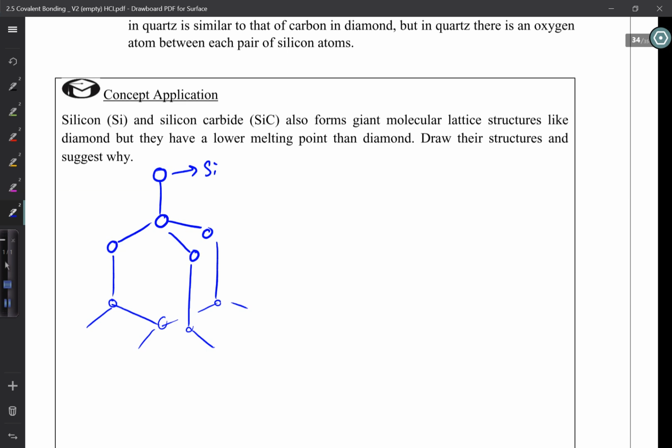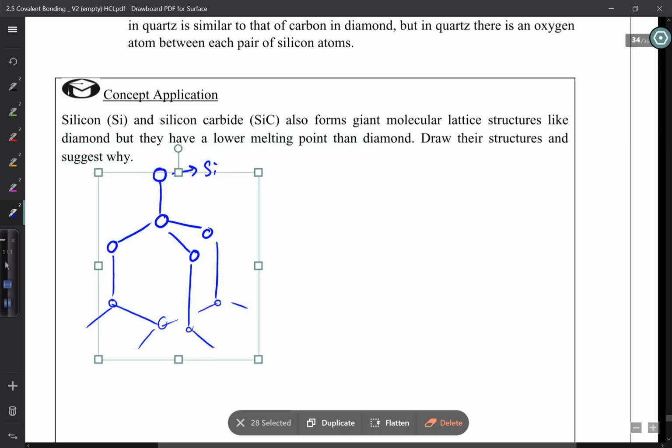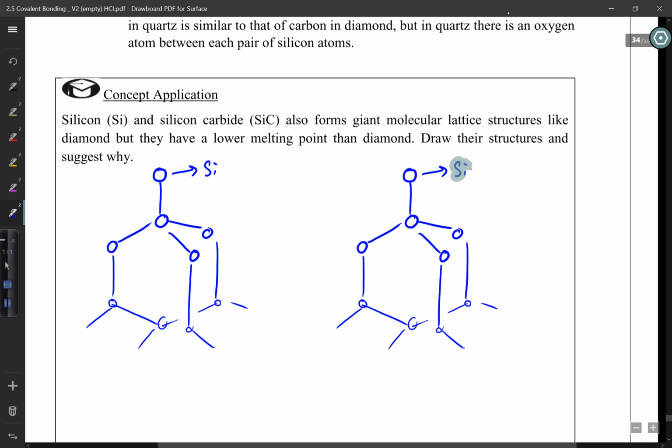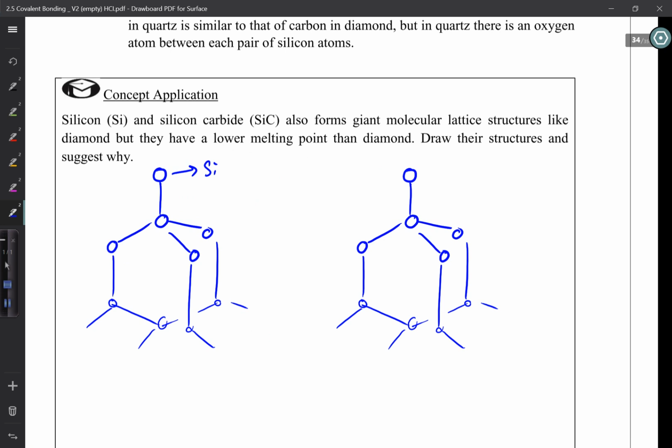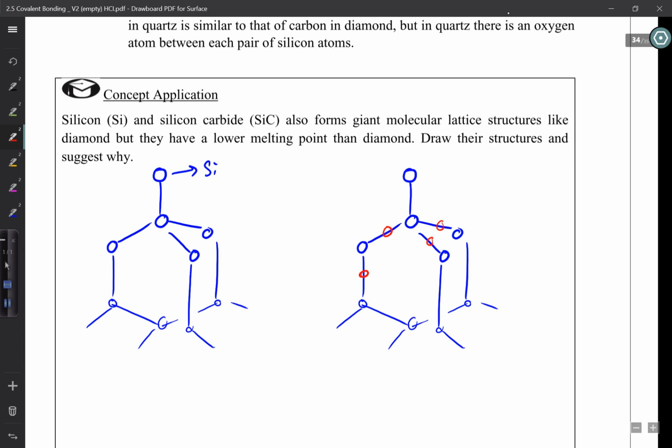Think about silicon carbide. How do you draw silicon carbide? Similar, but then just add one carbon. Is this correct? Yeah. Wait, don't copy this. Is this correct or not? No. By adding carbon here, no. Why not? It's too many carbons.